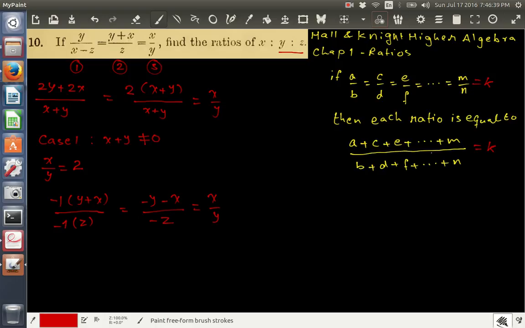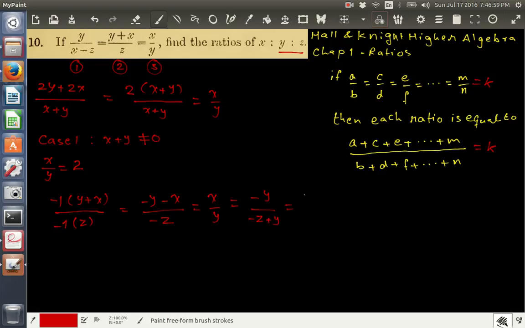Now we will use this property again. So we add the numerators. If you add the numerators, minus x cancels, you get minus y, and you add the denominators, you get minus z plus y.